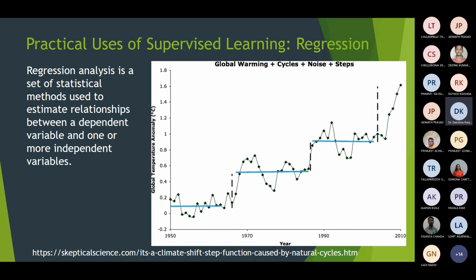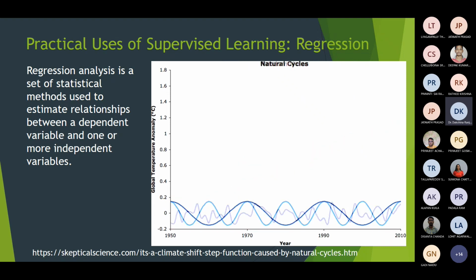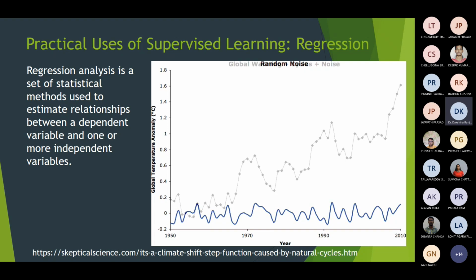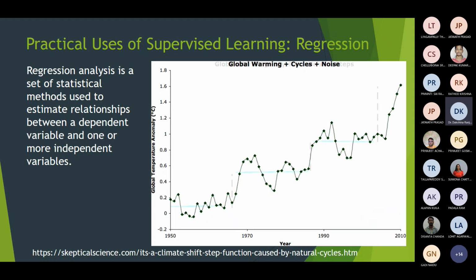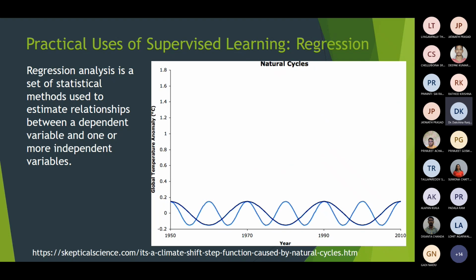Regression analysis is nothing but a set of statistical methods used to estimate the relationship between a dependent variable and one or more independent variables. If you remember the straight line equation y equals mx plus c, we use the notion of the straight line to build our regression model.